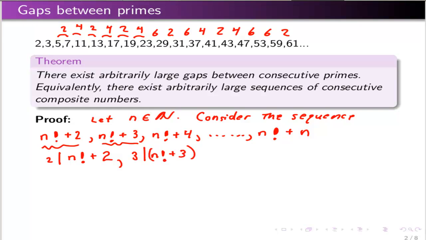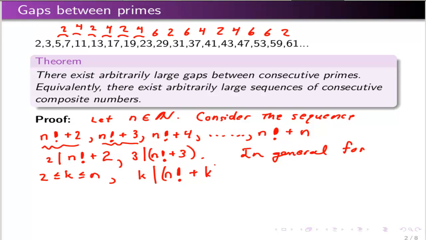4 is a divisor of the next. 5 is a divisor of the next. And in general, if you give me any value of k between 2 and n, we would have that k is a divisor of n factorial plus k. So n factorial plus k is composite.